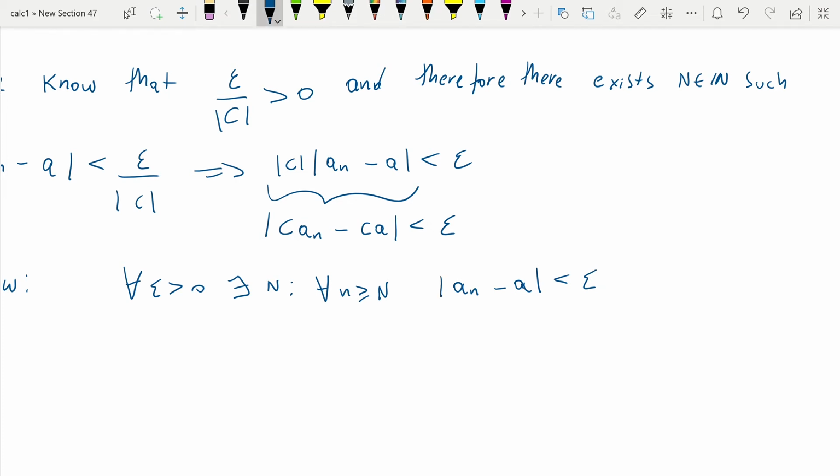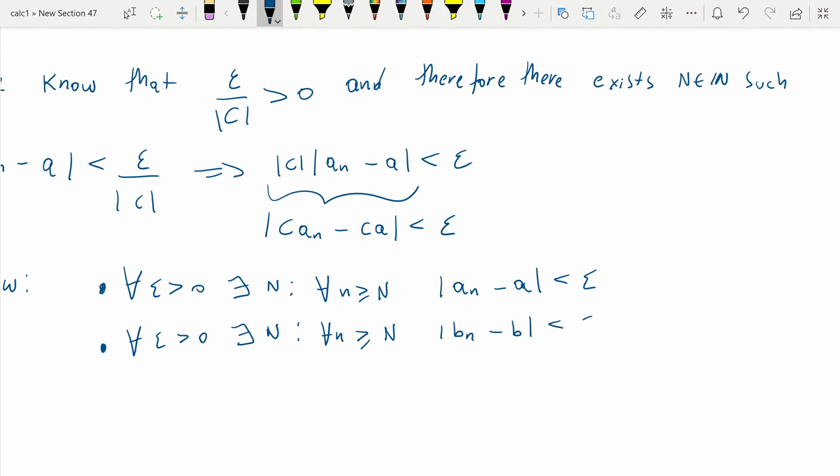And we have the same thing for b_n. The epsilons here are dummy variables, and we are running over every possible value of epsilon at once. So this statement is to be read as: no matter what epsilon I put in here, I should get an N such that the rest holds.